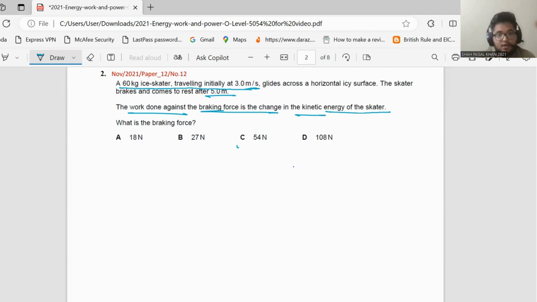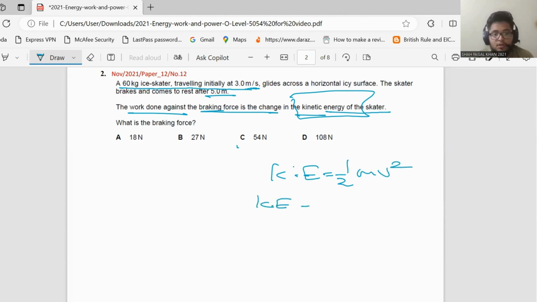So first we have to find the kinetic energy. Kinetic energy is equal to 1 upon 2 mv squared. m is 60, and v is 3, right?